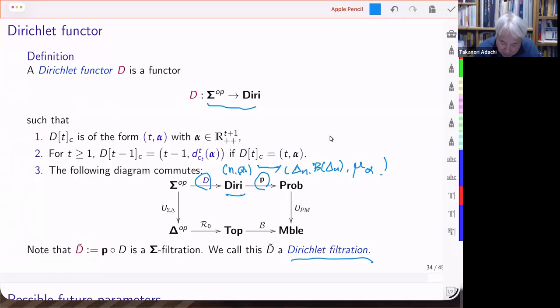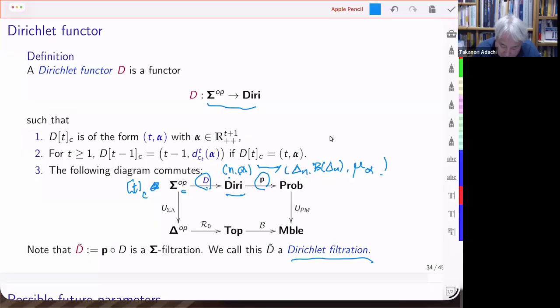So with the convex sets at each (t, c), we have the delta, and with this D we have the Dirichlet object, which is this pair (n, alpha).